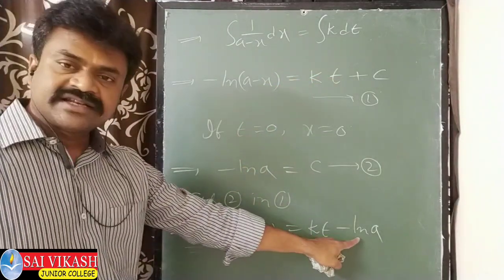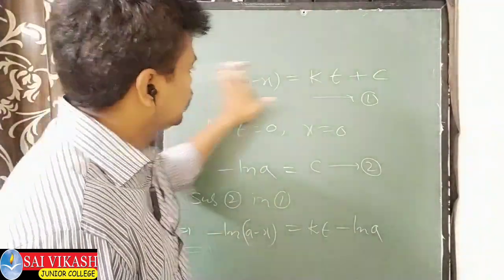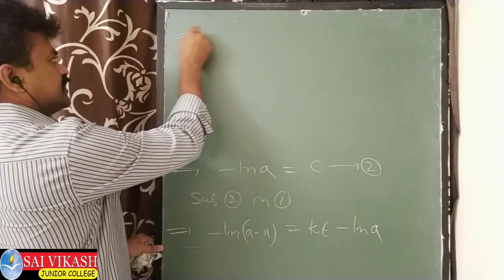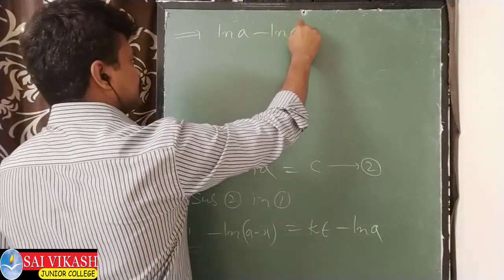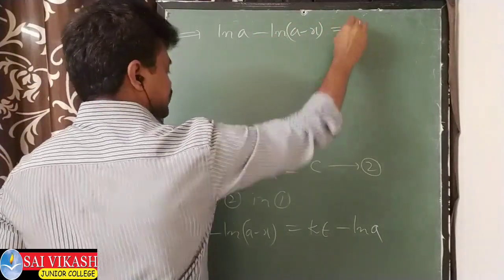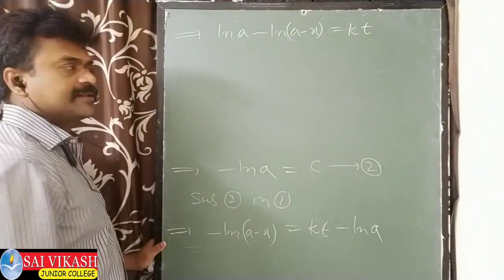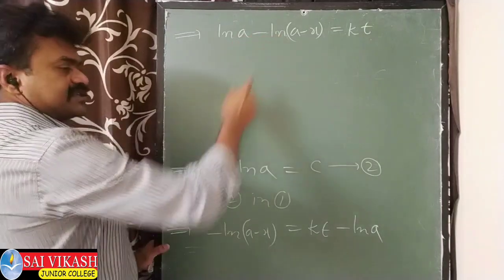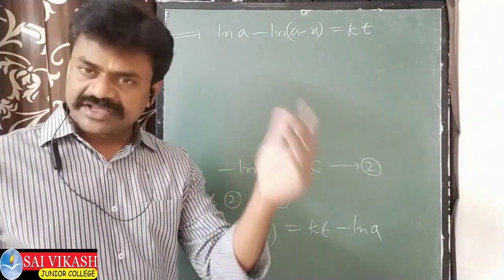So this minus ln a, if we shift it to this side, you get plus ln a. So plus ln a minus ln(a minus x) is equal to kt आ गया, kt. Now this is a log a minus log b form. So log a minus log b means log a by b.